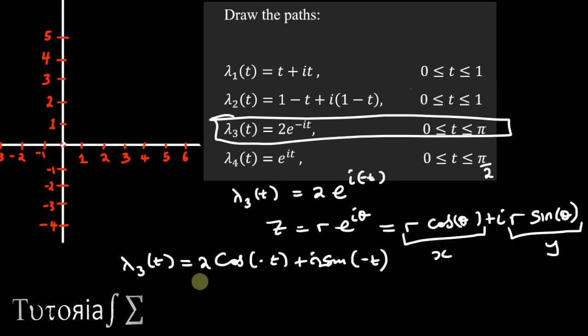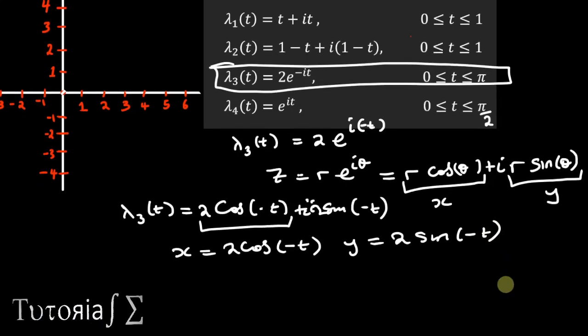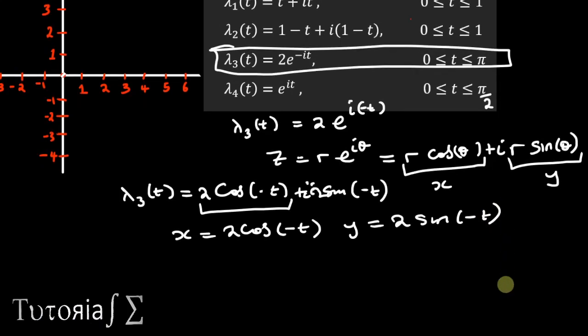So we know that this is representing x. So x is equal to 2 cos of negative t. And this is our y. There's an i there. So y is equal to 2 sine negative t. So these are our x and y values.